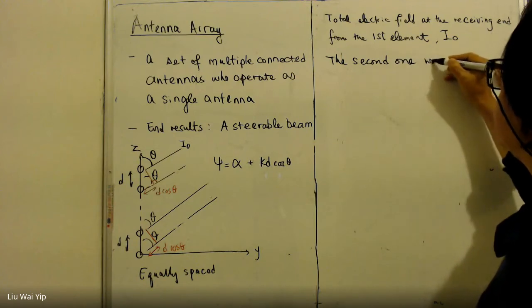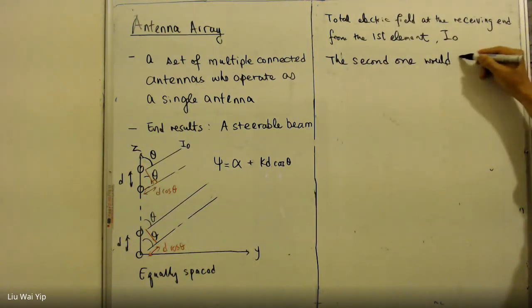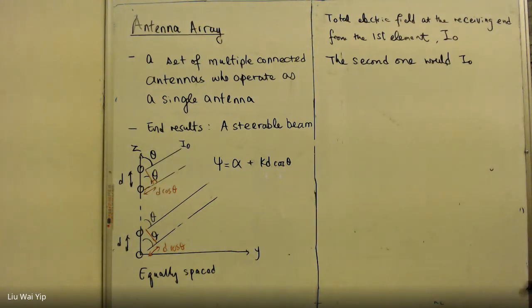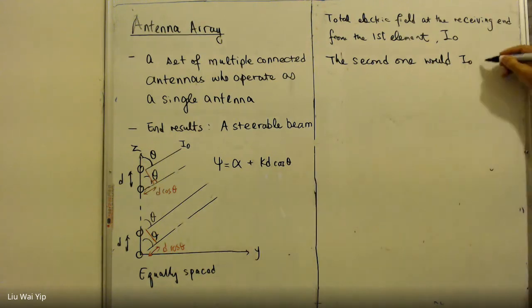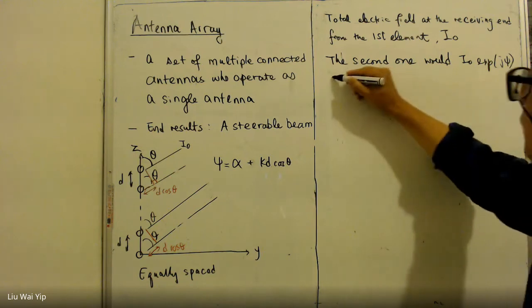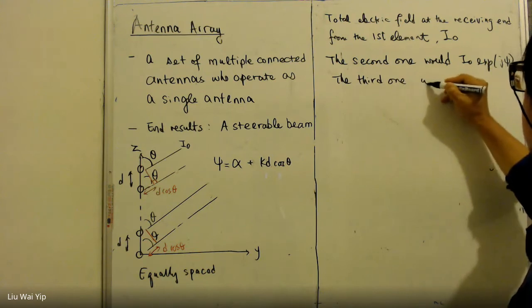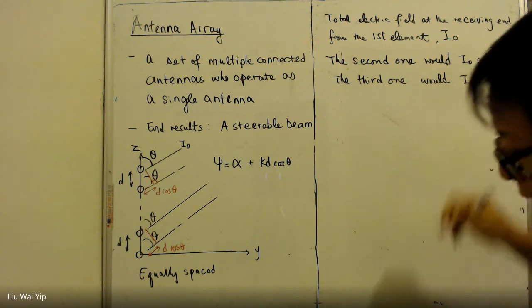According to the diagram here, it would be I naught, and then you have to account for this delay, and this delay, according to here, is j phi. And the third one will be I naught.